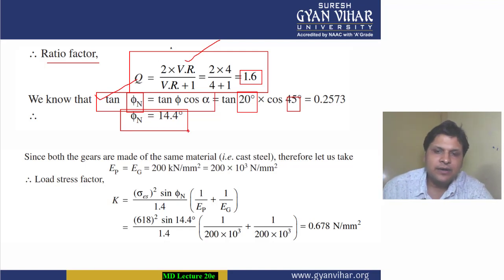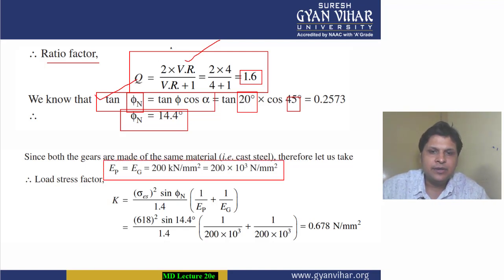All right, now students, since both the gear as well as the pinion are of the same material, the modulus of elasticity value of both the materials will also be the same. For both, the material is cast steel, so the value which we will take will be 200 kilonewton per mm square.